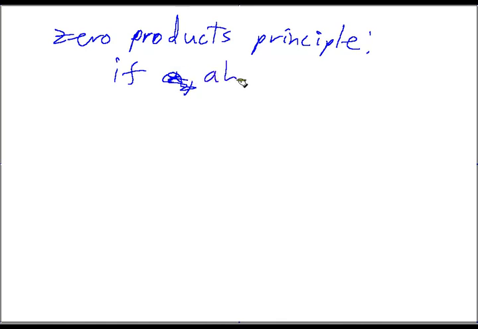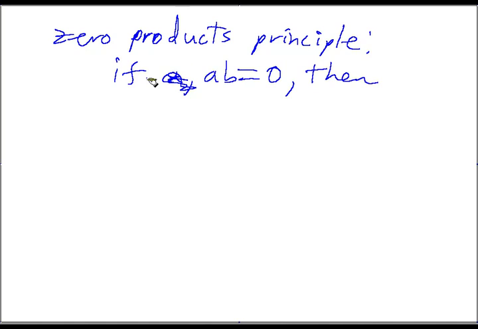If I have two numbers A and B, and A times B is equal to 0, then what's our conclusion here? Well, then we can safely conclude that one of these numbers has to be 0.